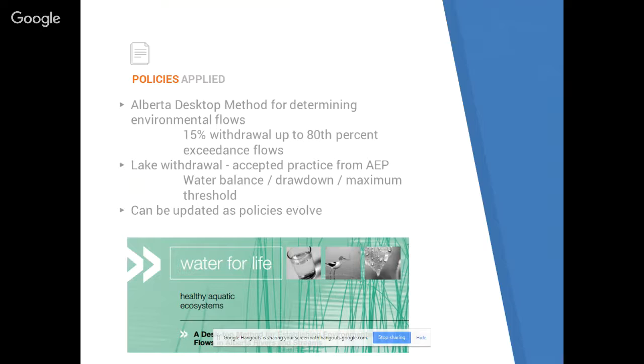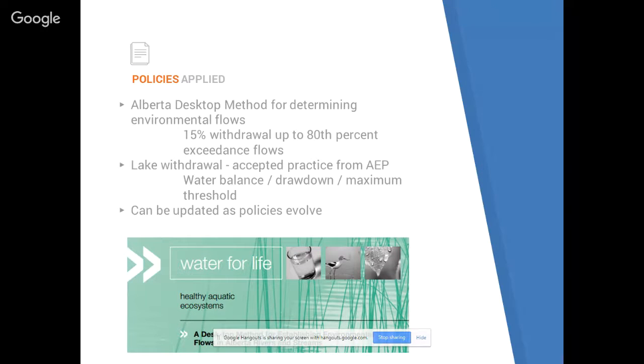So just a quick overview of the policies that are applied. The Alberta desktop method for determining environmental flows is essentially a threshold of 15% withdrawal up to the 80% exceedance flows. So that logic is applied to the model data within the tool and ends up producing what the acceptable allocation amounts are.